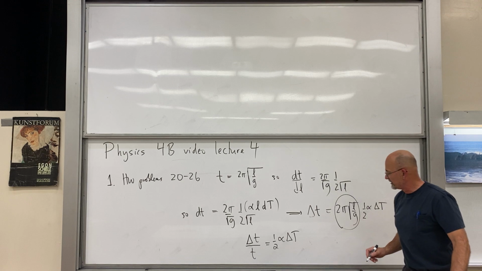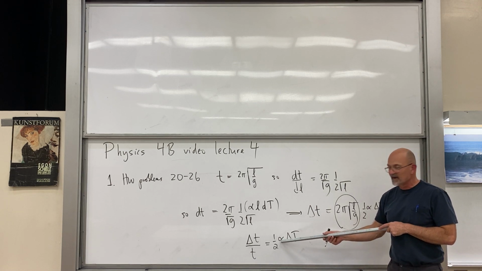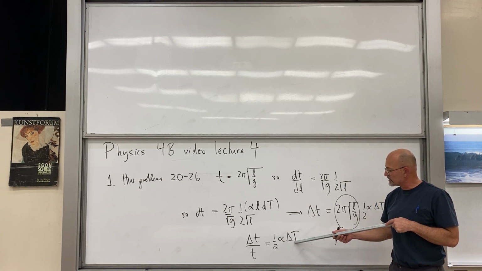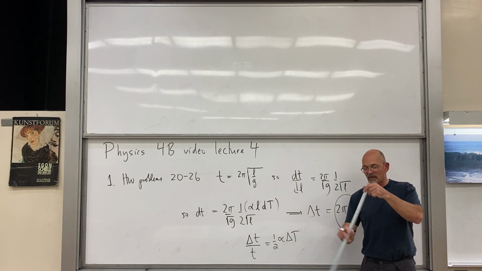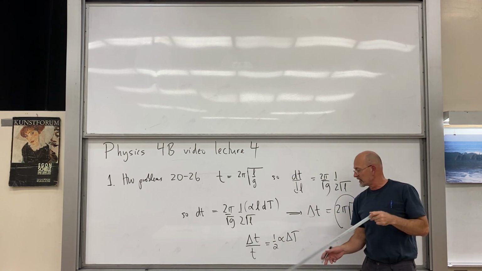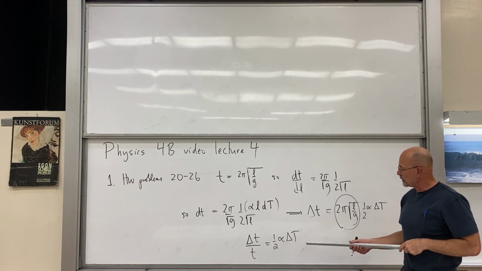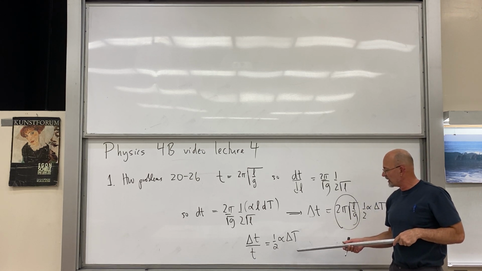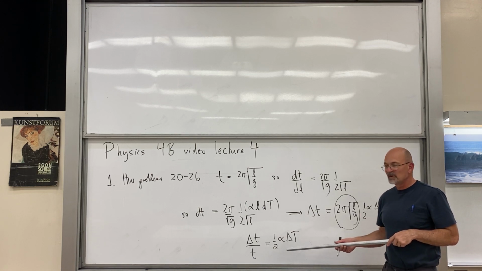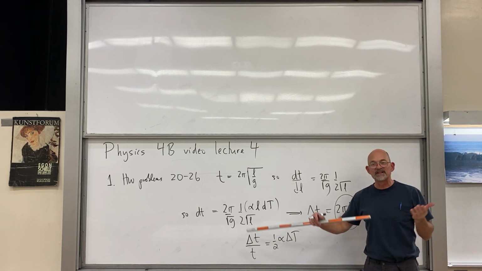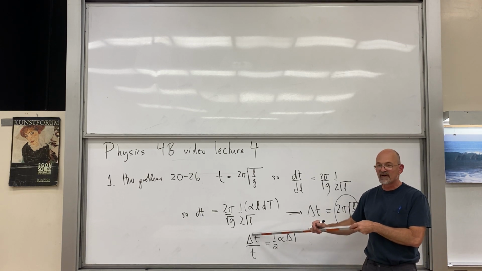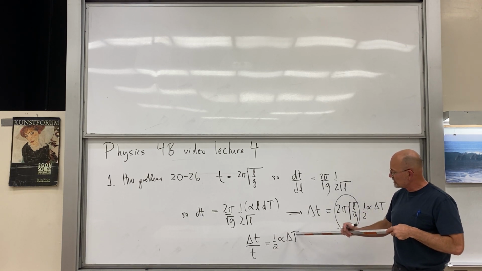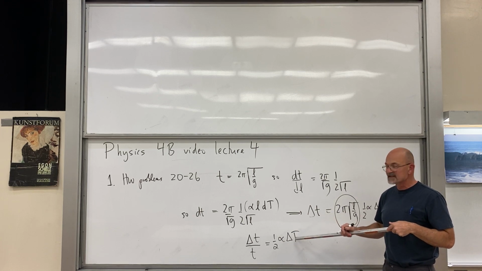And from these numbers here, for whatever the brass rod was and the delta temperature, that'll get you that relative change in time. And that happens for every time it swings back and forth. So if you have a full day's worth, then you can figure out the fraction of an entire day. And this was just so and so many degrees Celsius.